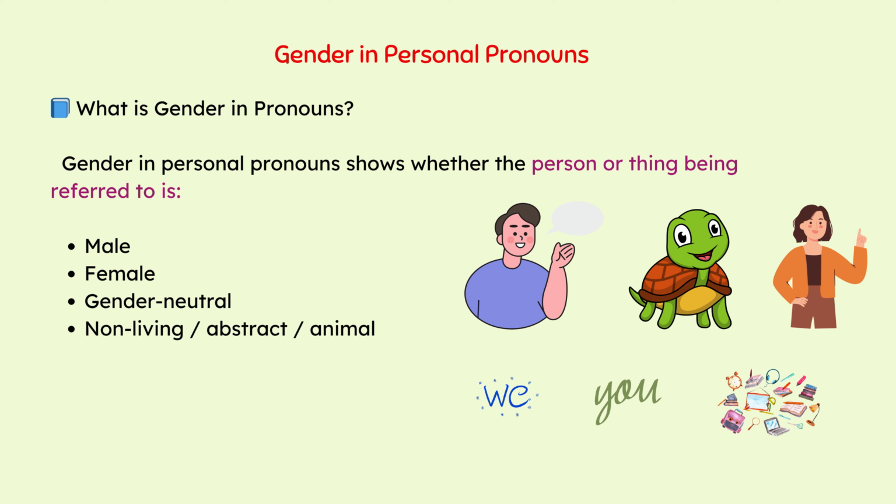Here are some quick examples. He is my brother. He refers to a male. She is a great singer. She refers to a female. They are my classmates. It is gender neutral. It is raining today. It refers to the weather, something non-living. So always choose your pronoun based on the gender of the noun you're replacing.